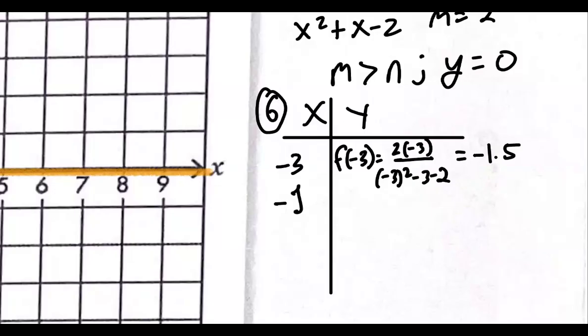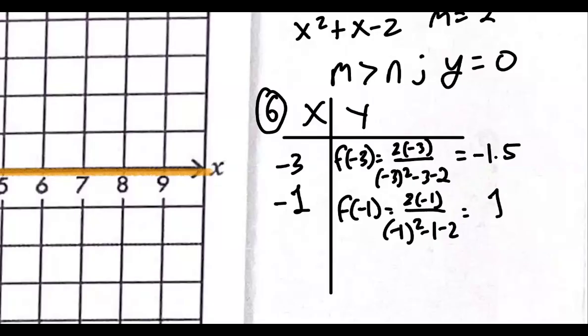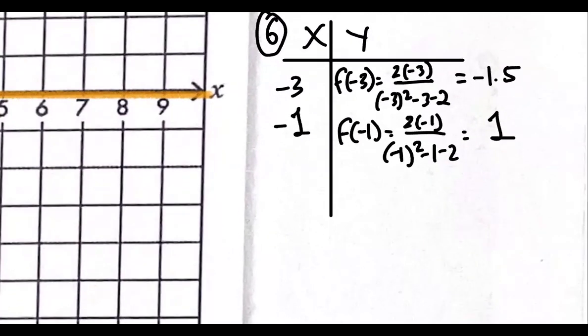When you plug in -1, 2 times -1 over -1 squared minus 1 minus 2, you're going to get +1. You can just plug this one in the calculator, so I'm just going to give you the numbers already.